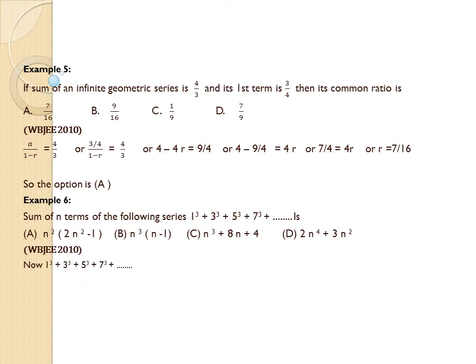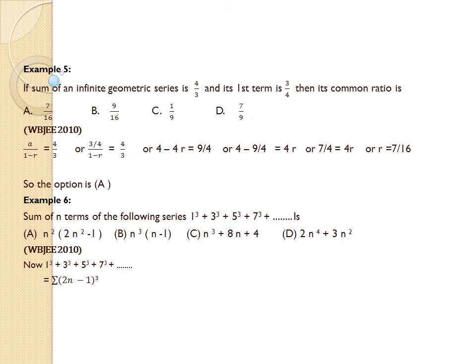So 1 cube plus 3 cube plus 5 cube plus 7 cube, I can see first term is 1 cubed, second term is 3 cubed. So if I write (2n minus 1) cubed, will that be wrong? If n equal to 1, then 2 minus 1 cubed, that is 1 cubed. Next, if n equal to 2, 2 into 2, that is 4 minus 1 whole cubed, it is 3 cubed.